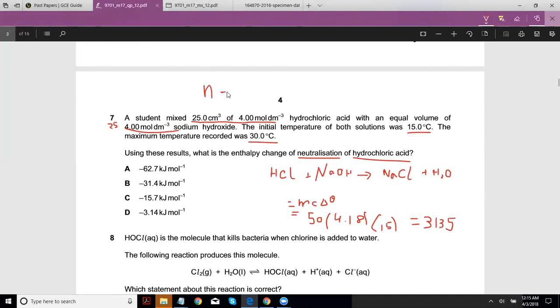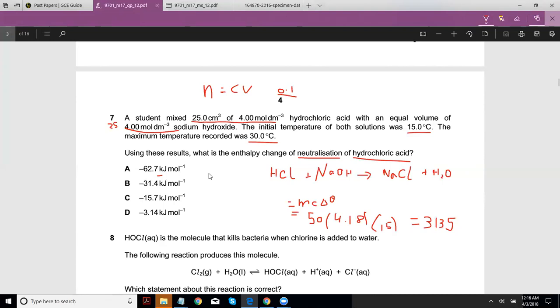Moles is n equals CV, so 25 divided by 1000 to convert to decimeters cubed, into 4. This is 0.1 mole. But because the answer is written in kilojoules, first we'll divide the total energy by 1000 to make it kilo.